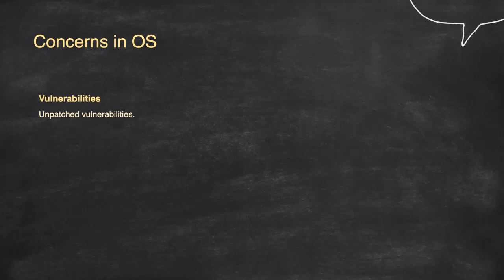When these vulnerabilities are left unpatched, the system is wide open to threats like malware, ransomware, or hacking attempts. And this is why regular updates and patches are absolutely essential. They fill these security gaps, protecting your system from known risks.